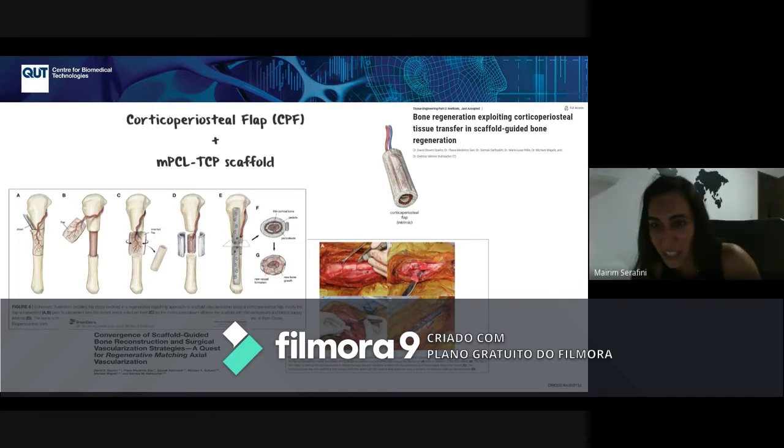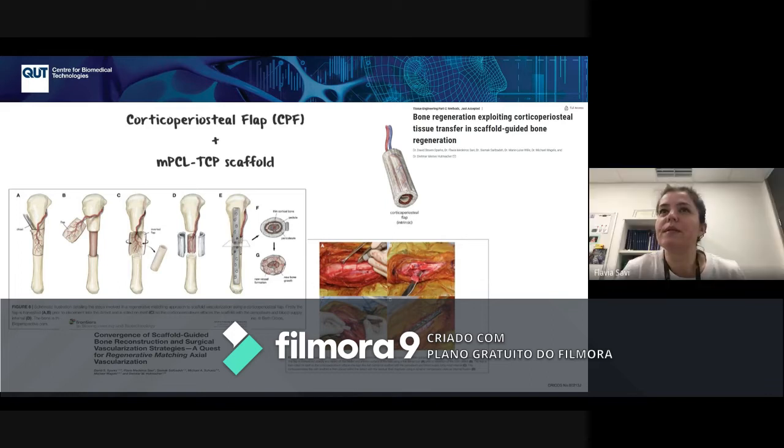Gladson, is the therapy for all types of bones or only long bones? Long bones. We have tried 2 centimeters, 3 centimeters, 6 centimeters. I'll show the clinical cases in one of my last slides, but we have been using it mainly for large bone defects.